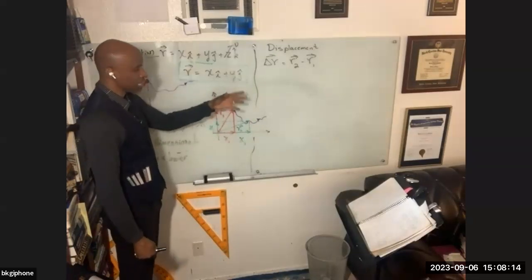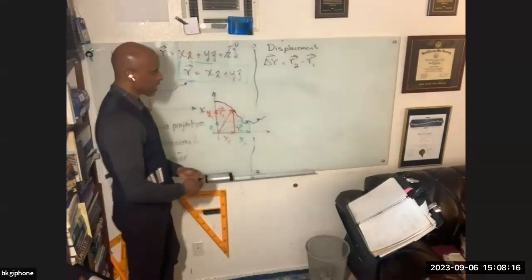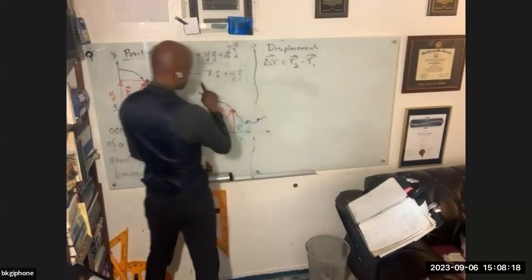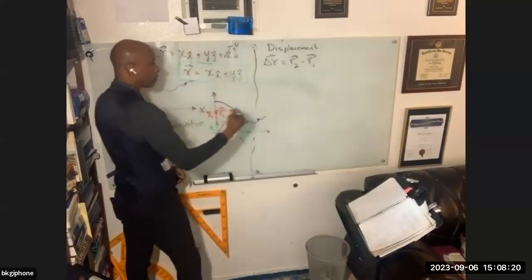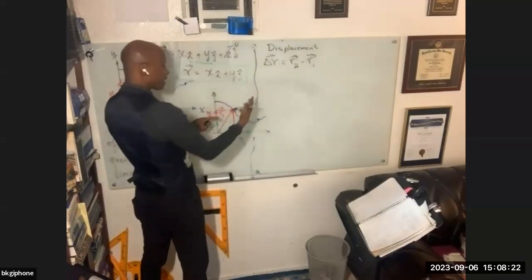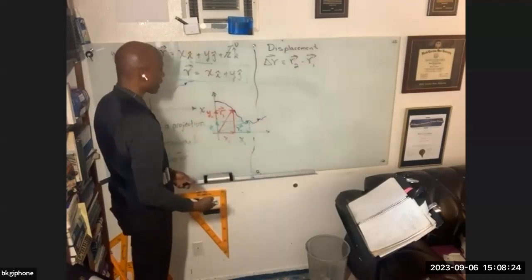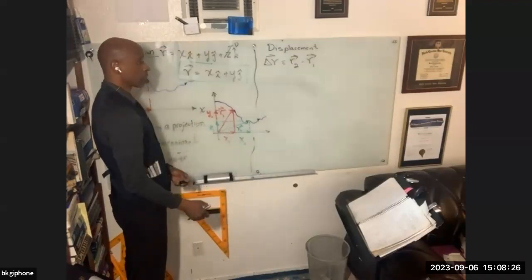Let's apply the basic definitions, put the definition of R into this formula, and then calculate what delta R looks like in terms of the components.